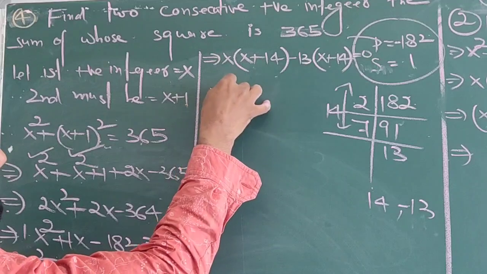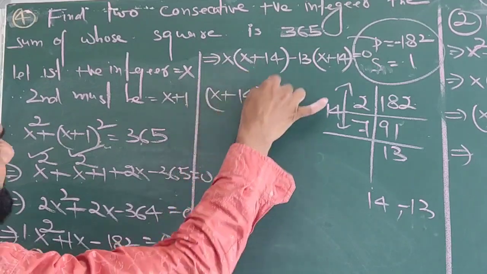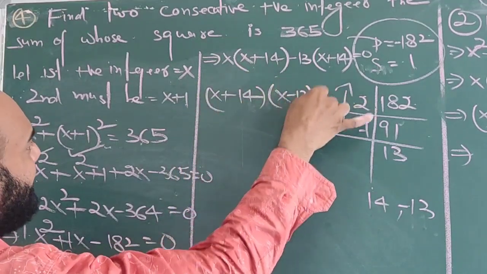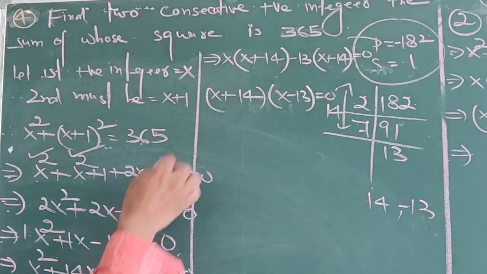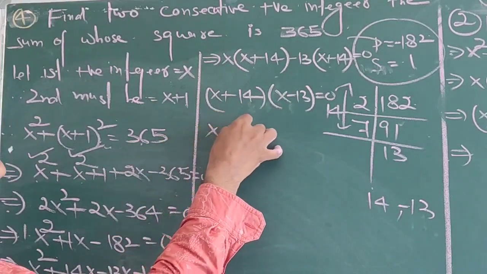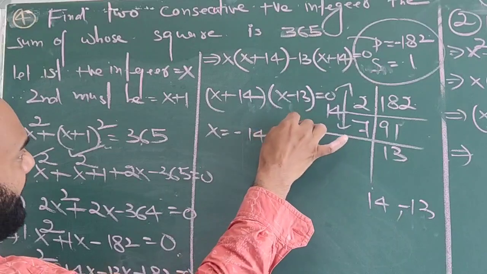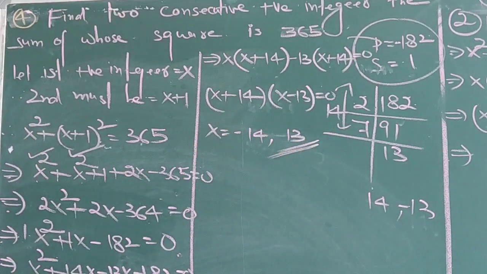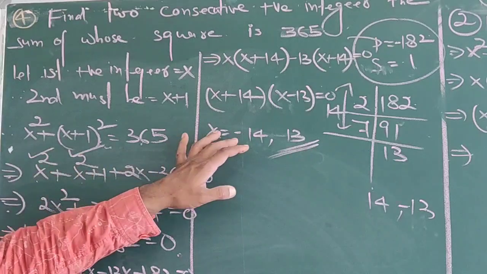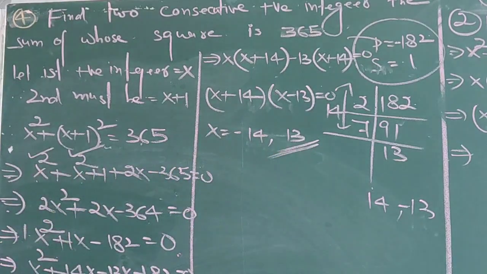Therefore the first factor is x plus 14 and the second factor is x minus 13. Now by putting these two factors equal to 0 turn by turn, we get x equal to minus 14 and x equal to plus 13. So the required values of x are minus 14 and 13.